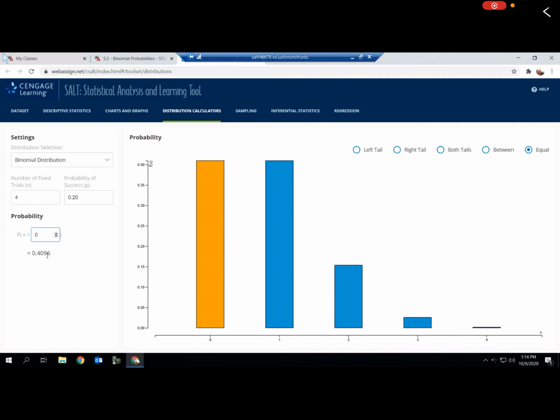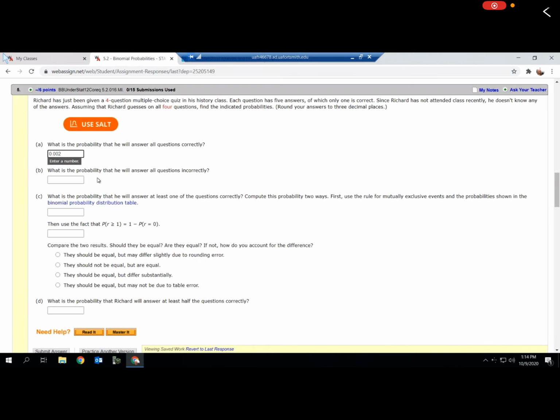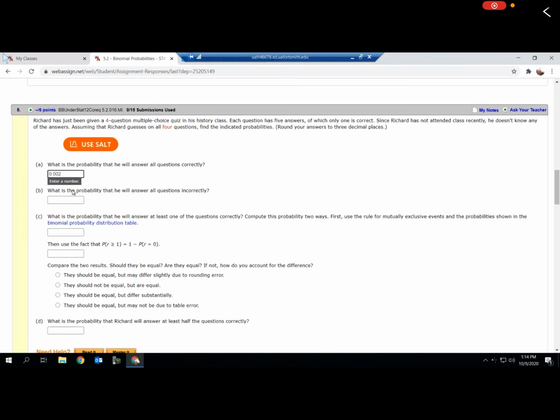Notice it highlights the bar that you're on, like that first bar pertaining to 0, and if you were to smash all these bars together, it'd be a histogram of these probabilities. Rounded to 3 decimal places, the 6 is going to make the 9 a 10, so 0.410.